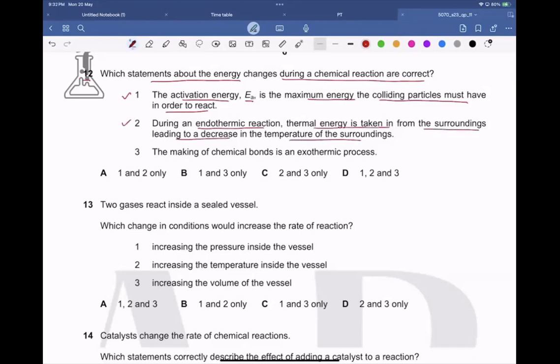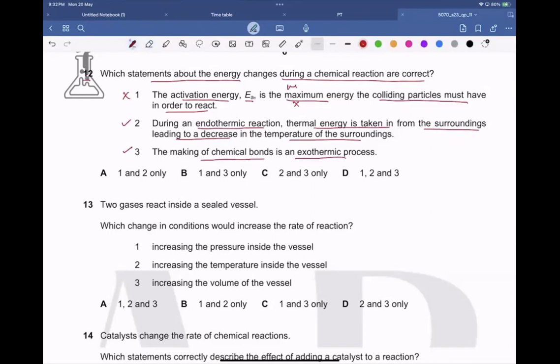Yes, that also happens. No, one minute. The making of chemical bonds is an exothermic process. Yeah, activation energy is the minimum energy which is required, not maximum. That maximum is wrong. So A is not correct.